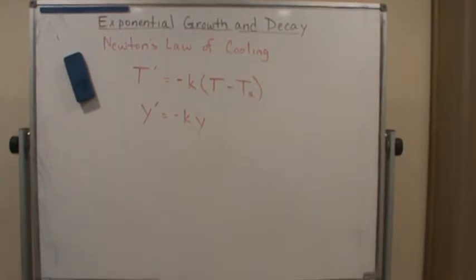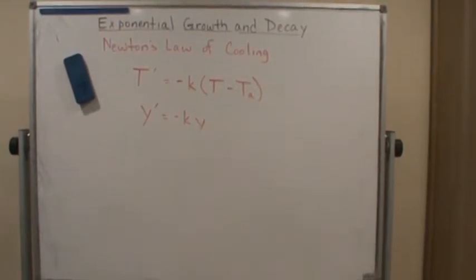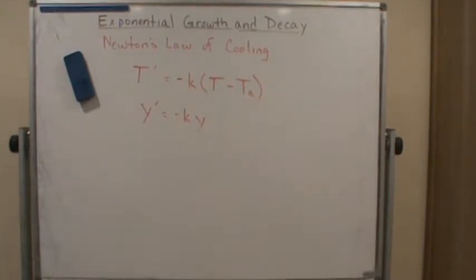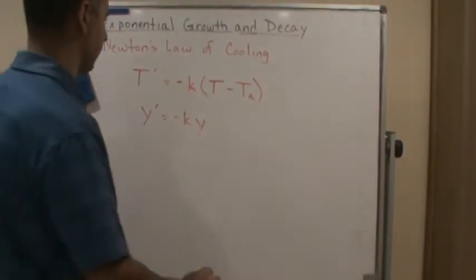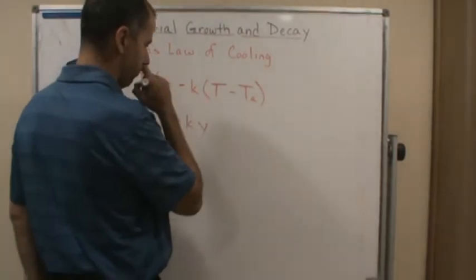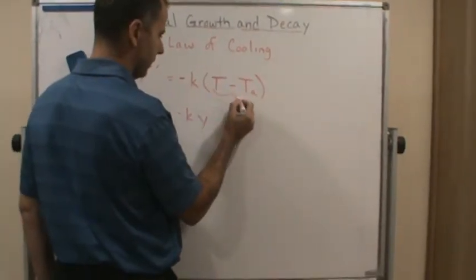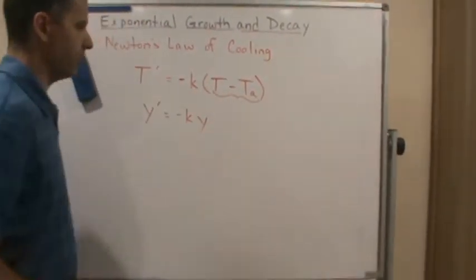So what we can do is change some things around. We're going to change some variables to resolve the issue that we have here. So let's make this into another variable.